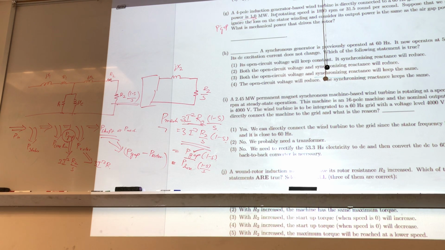And we know that the energy is transferred from stator to rotor by induction. And that energy transfer depends on how much air gap is there between the stator and the rotor, right? So this energy transfer is called the air gap power.